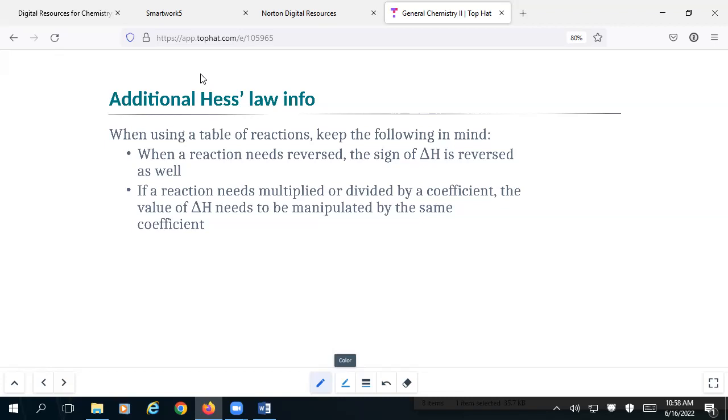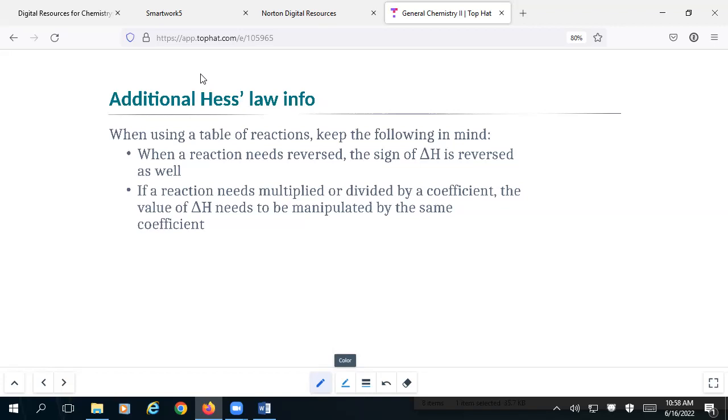So what this allows us to do is use what we can call a table of reactions. Let's say that there is a series of reactions that we know the enthalpy values to. And your book has appendices. There are other well-known tables of reactions out there that we could utilize for these exact purposes.